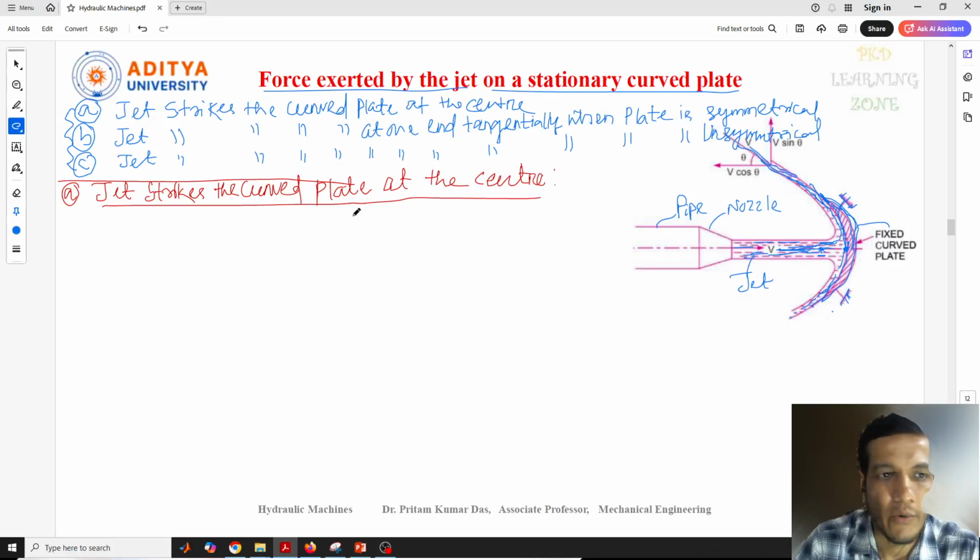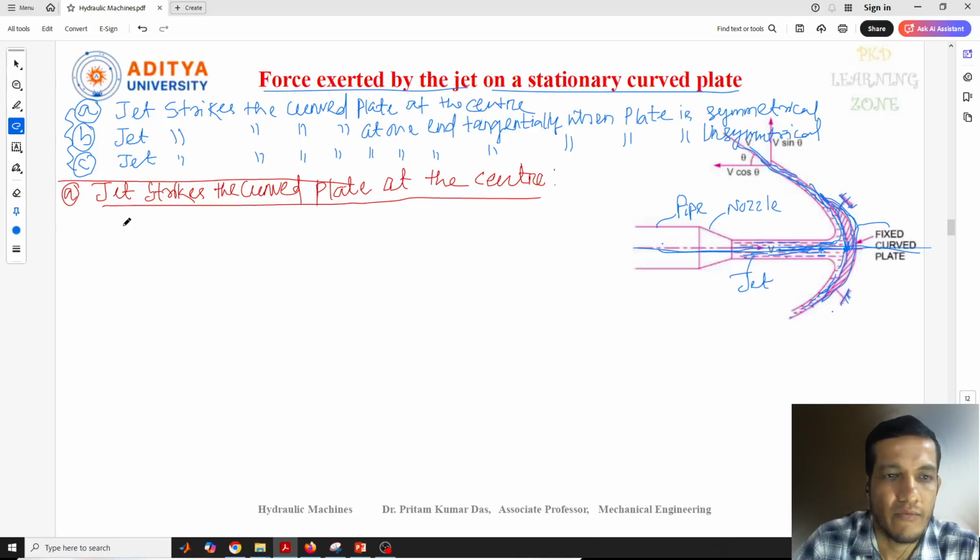Let's consider that the jet of water strikes a fixed curve plate at the center. This is the center point, and this is the axis line. It is striking the fixed plate at the center.